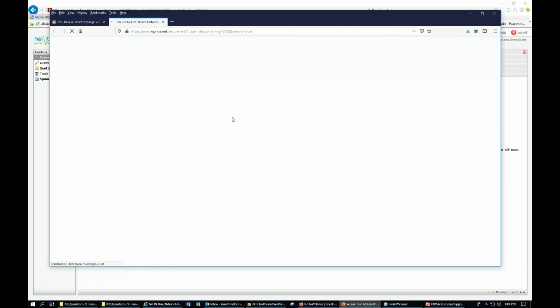Click here, and what does that look like? I get a new tab, and it's a secure direct network email box, like a little temporary box that it made up for you and your recipient. It has the username and whatever. They don't have to remember any of that. They just have to paste in the password and then log in.